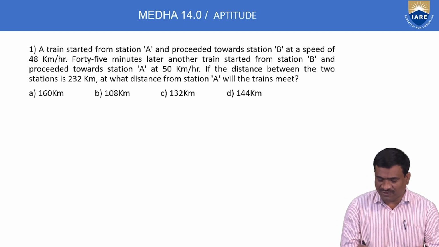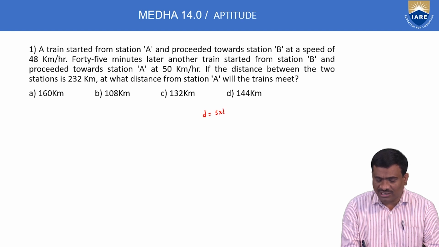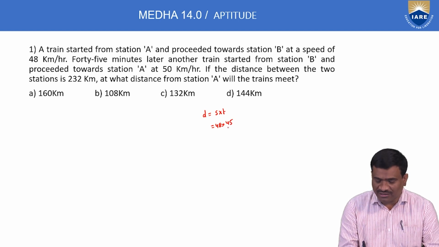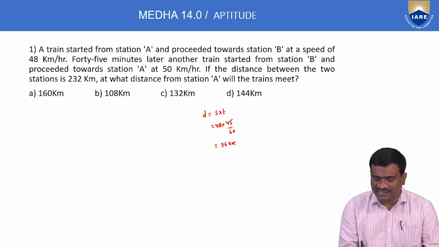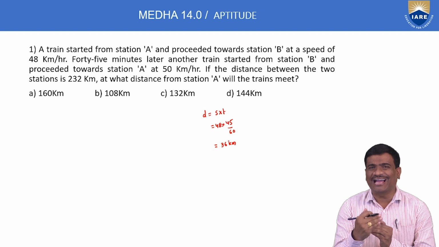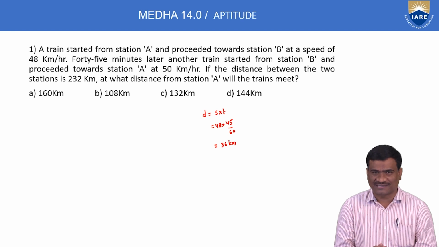A speed is 48 km per hour and time difference is 45 minutes. Convert minutes into hours. Then 48 into 45 by 60 is equal to 36 kilometers. The time gap between A and B is 45 minutes, or distance gap 36 kilometers.